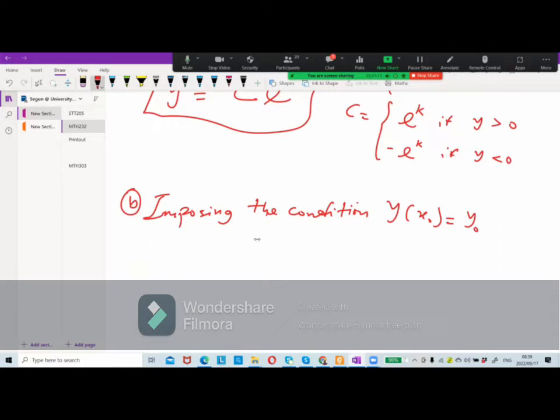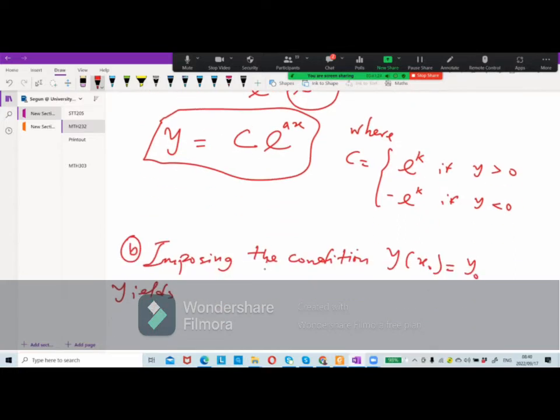That's the condition we want. It will yield, let's go to this general one that we are working with. This is what we are working with now.